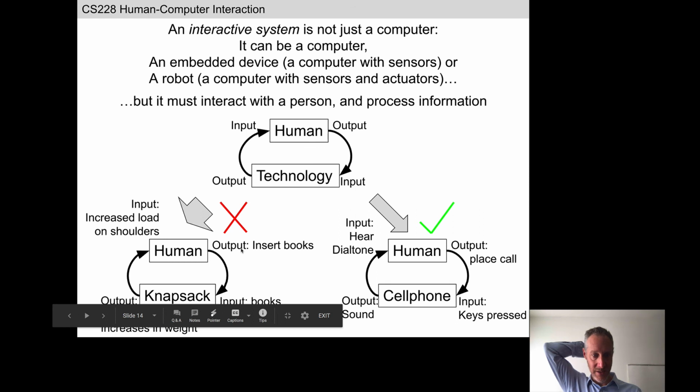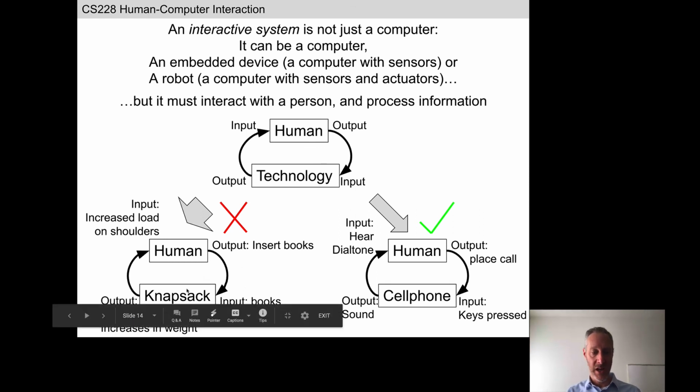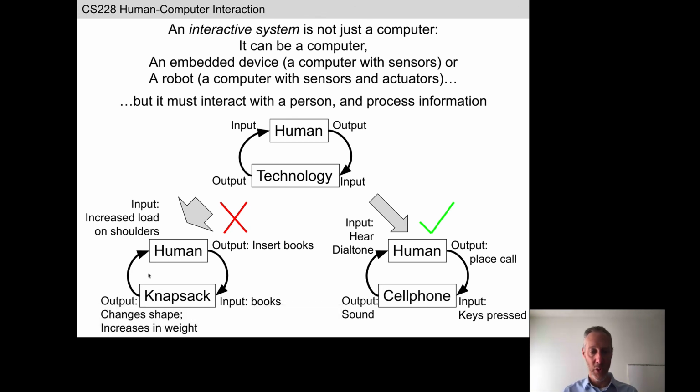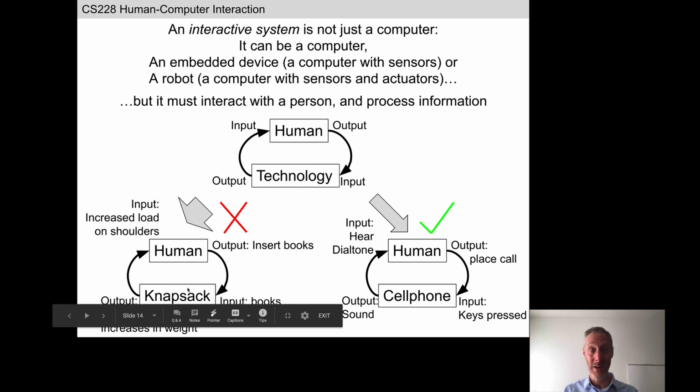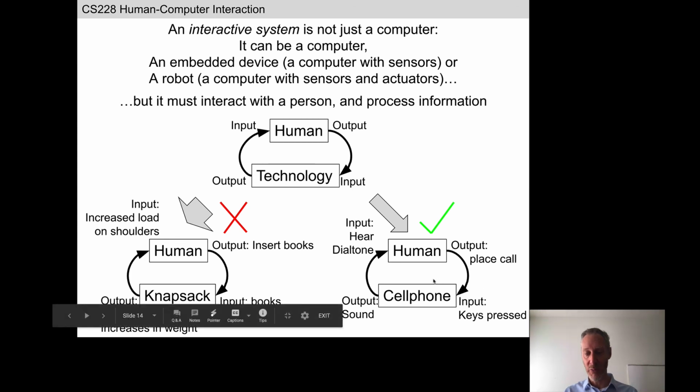They put books into their backpack, which immediately changes the weight of the knapsack, which sends a physical signal back to the human, which is an increased load on the shoulders. We are not going to consider a knapsack an interactive system because it is not doing any internal data processing. Okay, a cell phone is an interactive system.